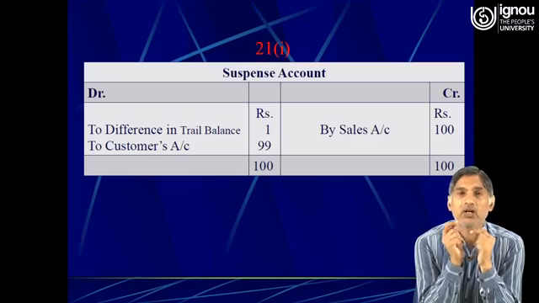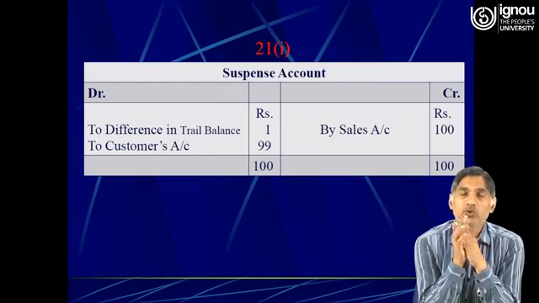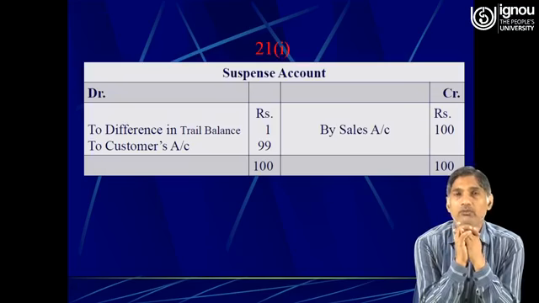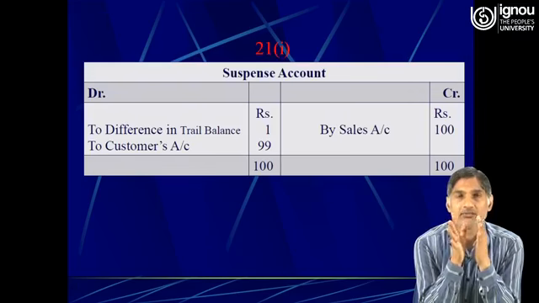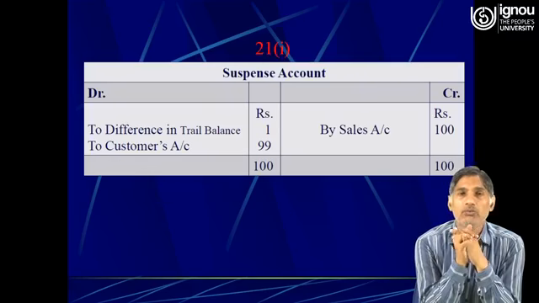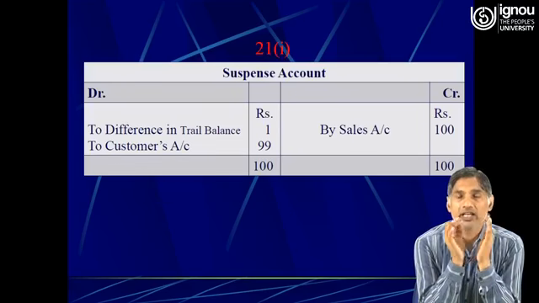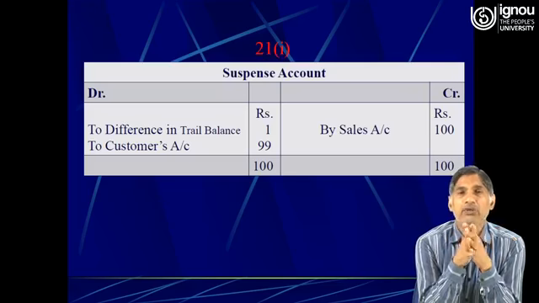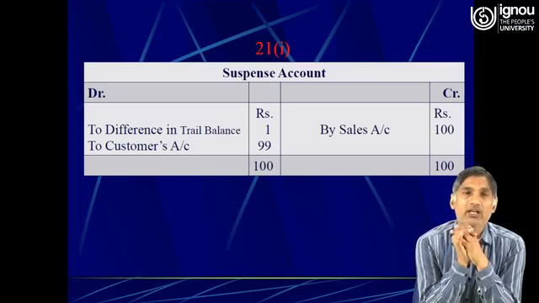So suspense account can be closed only when 100% errors are located and rectified. So the suspense account will automatically get closed. But if there is a balance, if there is a difference in the suspense account, it means that there are still some errors which have not been located, and these errors need to be located and rectified. Then the suspense account will automatically get closed.